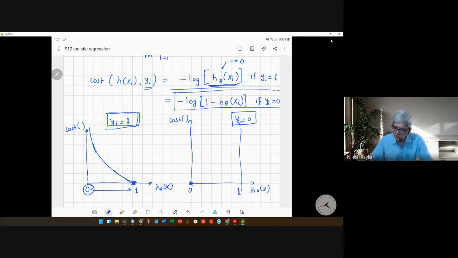So it again becomes infinite. So in this way, this particular cost function gives us the local minima. So local minima is 0, and it behaves in a fashion which is what we require.